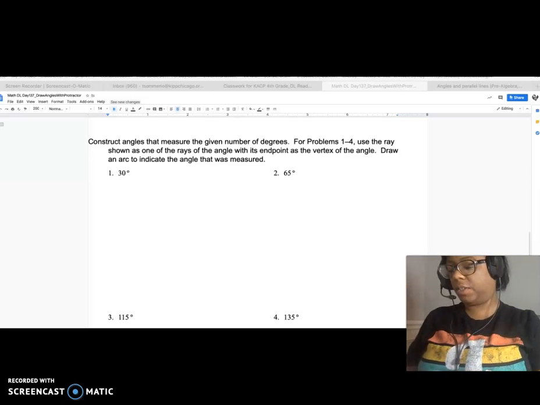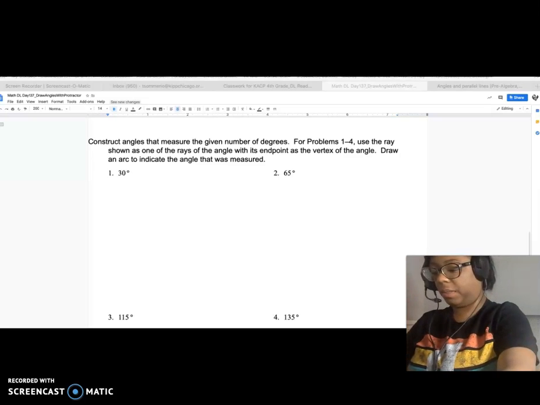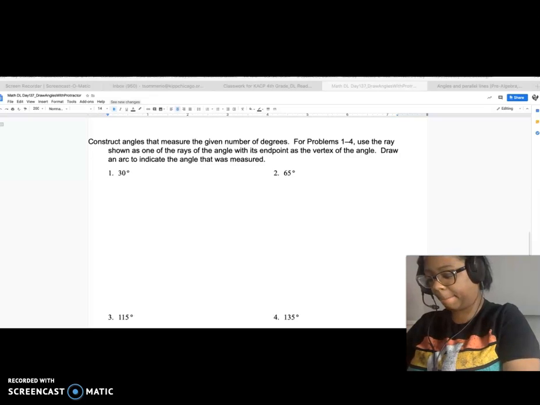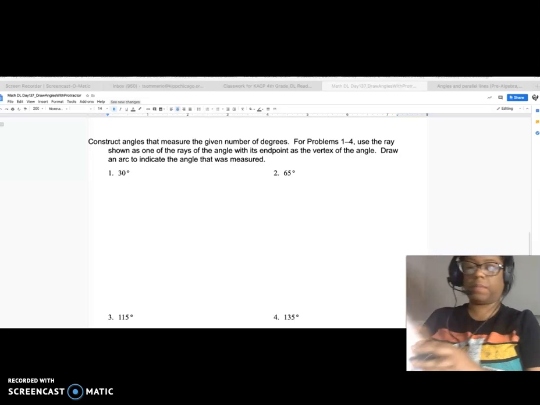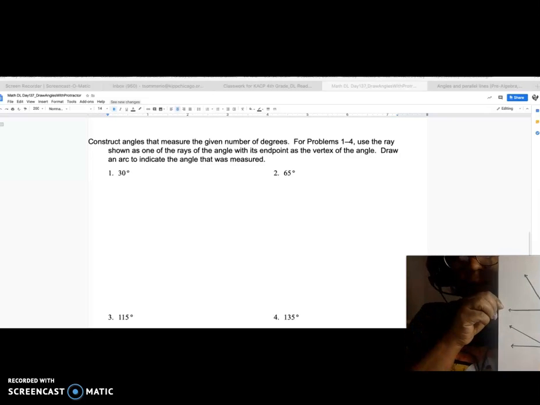When I connect the two, my angle will look like this. Now I have a 65-degree angle.